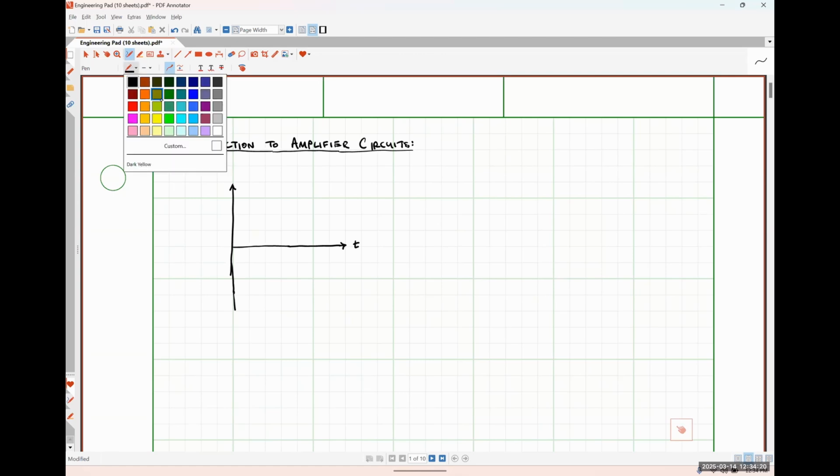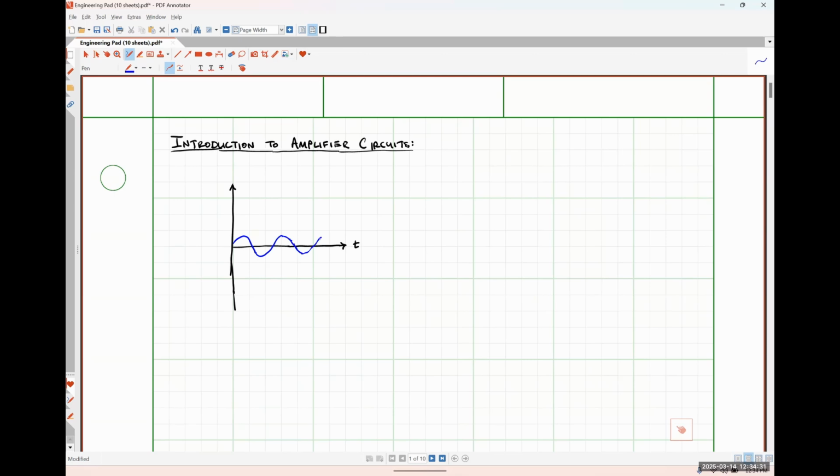So let's say that we have just a simple time varying signal that is some form of, let's just say, sinusoidal oscillation right now, just so that I can reasonably reproduce it. And this signal right here would be our input signal.